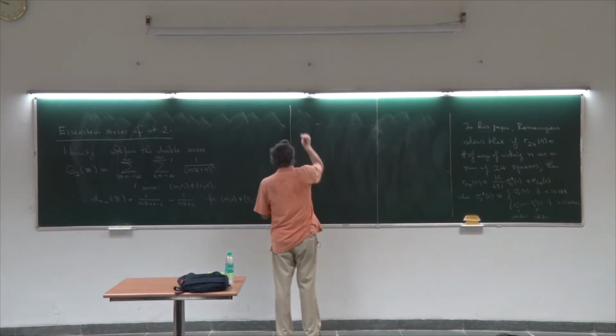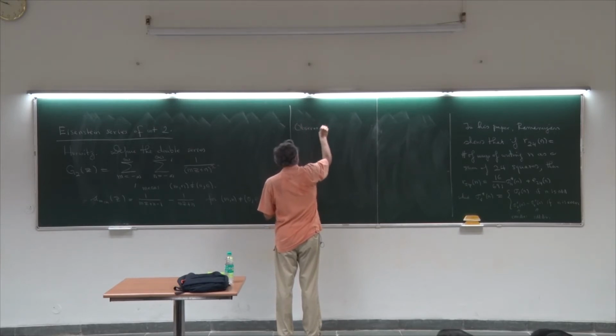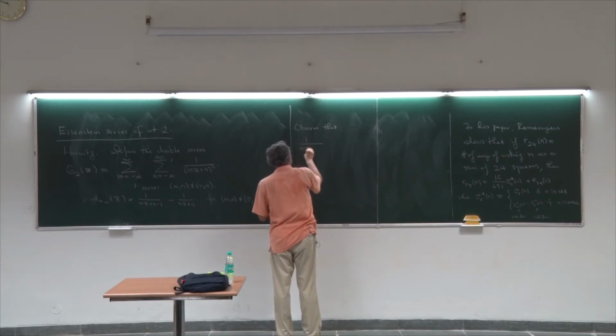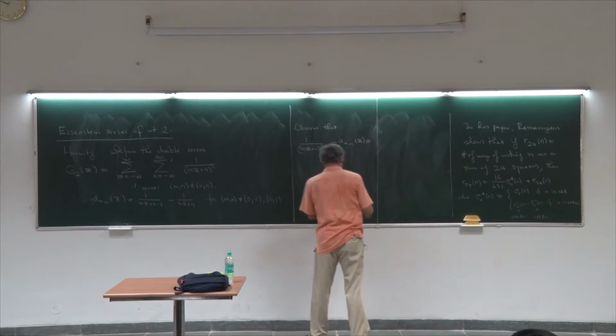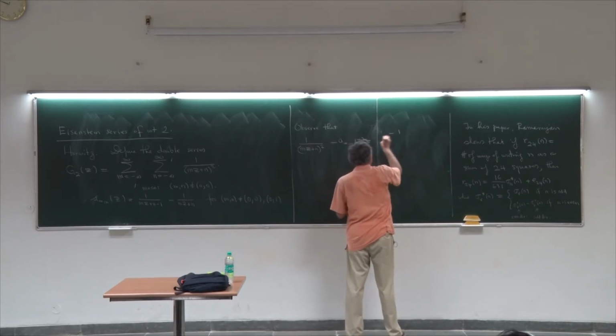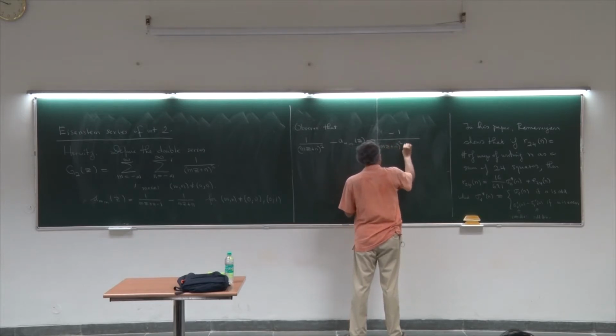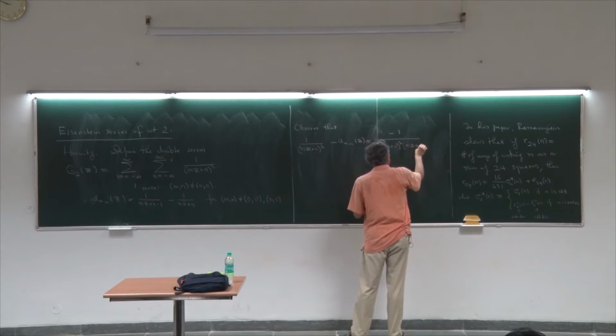Then observe that if I take 1 over (mz plus n) squared and subtract A sub m,n of z, then simple calculation shows that I've got 1 over (mz plus n) squared (mz plus n minus 1).